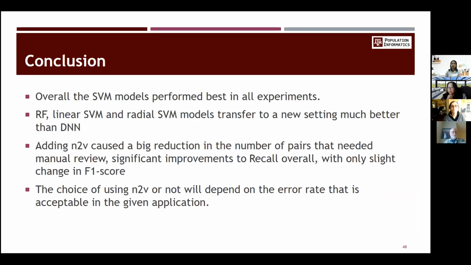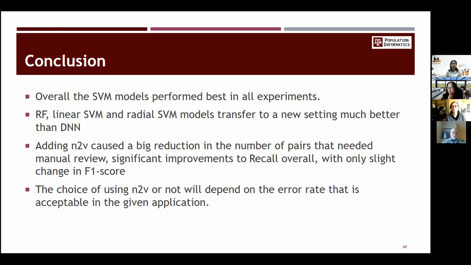As a conclusion, we can say that overall the SVM models, especially radial SVM, performed best in all experiments. Random forest, linear SVM, and radial SVM transfer better to a new setting than the dense neural network. And adding name2vec can cause a big reduction in the number of pairs that need manual review.